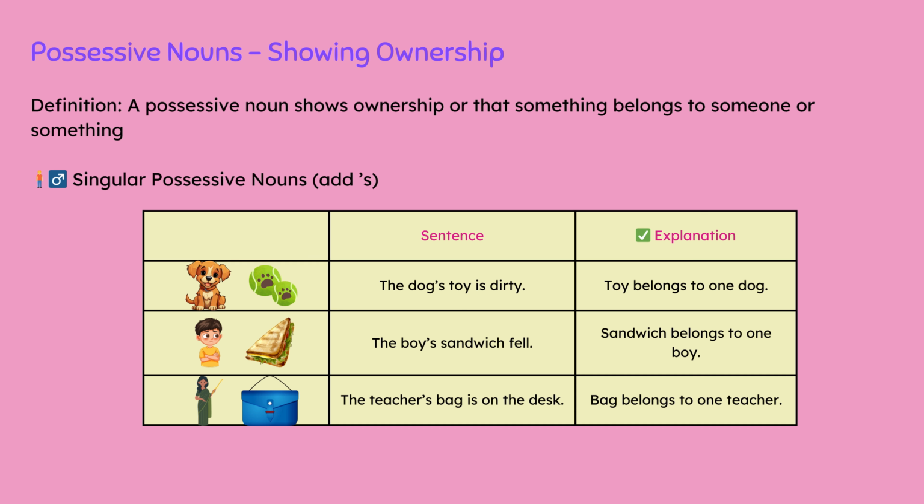The dog's toy is dirty. That means the toy belongs to one dog. The boy's sandwich fell. The sandwich belongs to one boy. The teacher's bag is on the desk. So the bag belongs to one teacher. Just remember, add apostrophe s to a singular noun to show that it owns something.